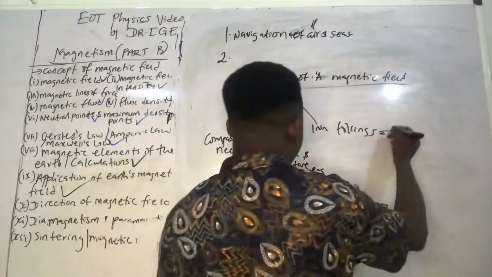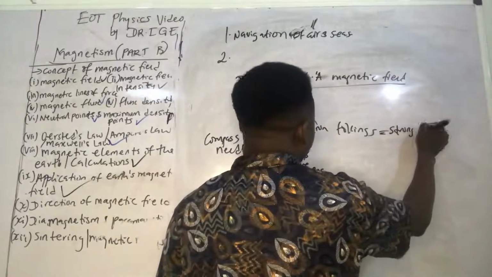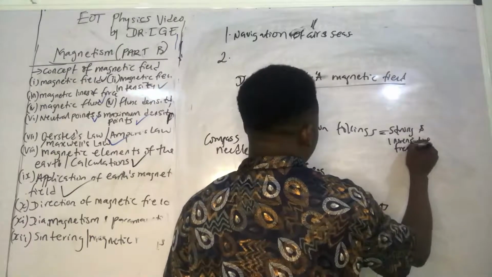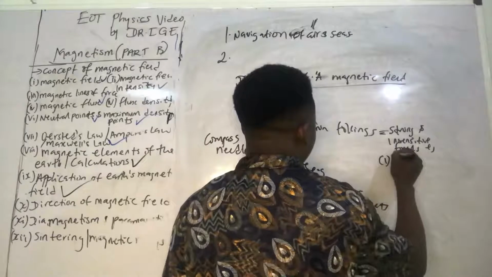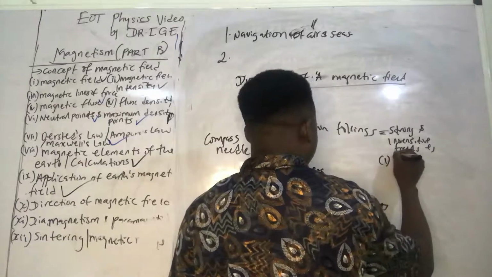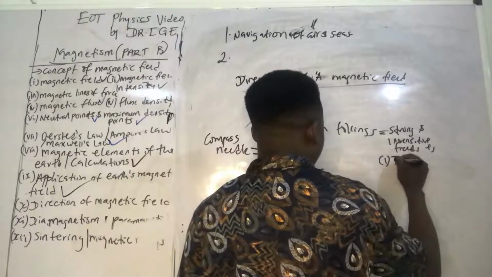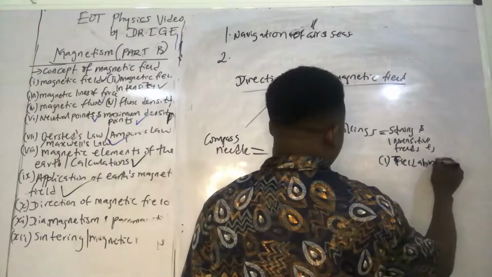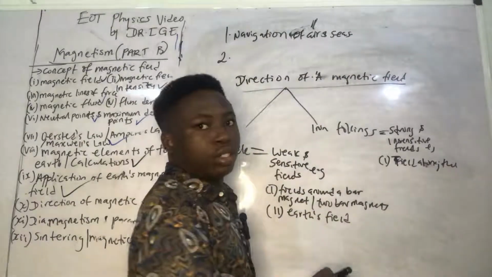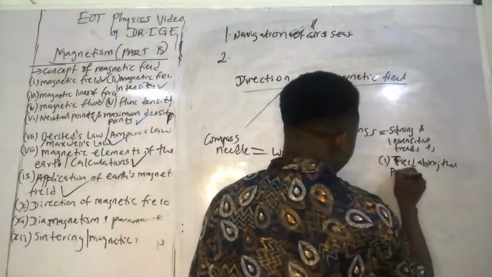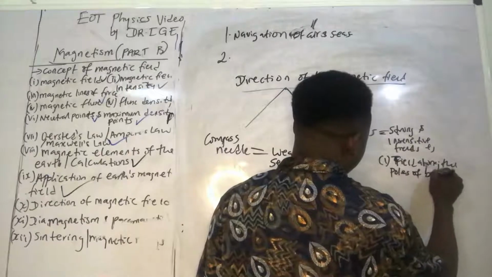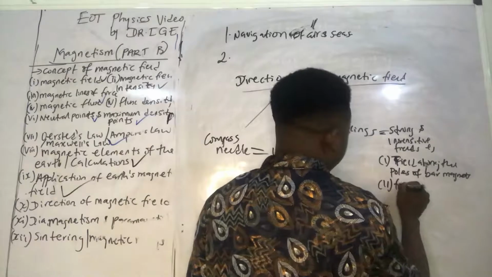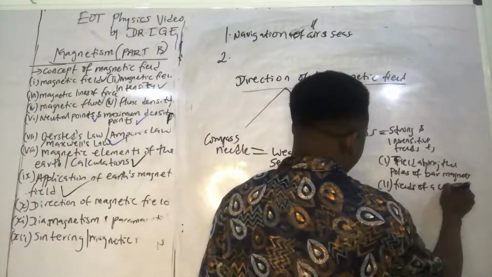Then for iron filings, it's used for strong and insensitive fields, e.g. the fields along the poles of a bar magnet. Then fields of a current-carrying wire.